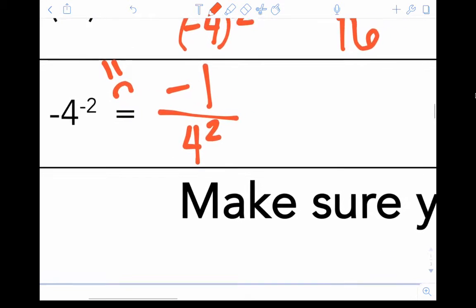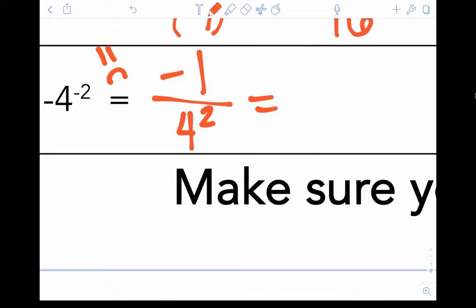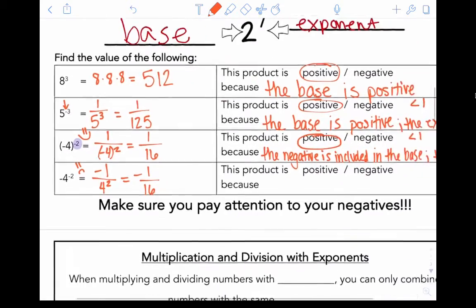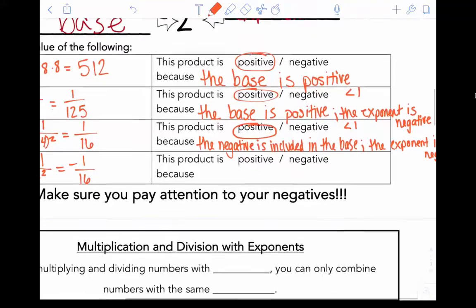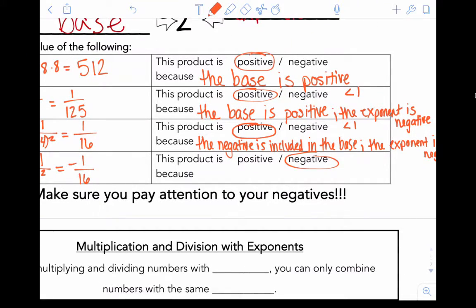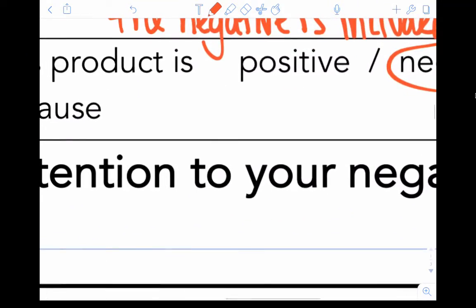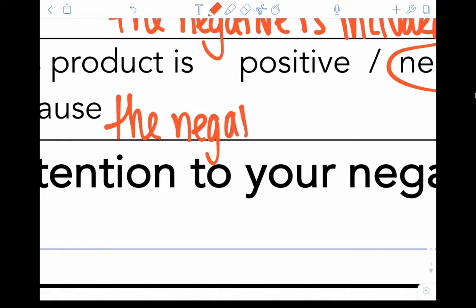And now when I multiply this out, I have negative 1 over 16. So this one is negative, and it's negative because the negative is not included in the base.